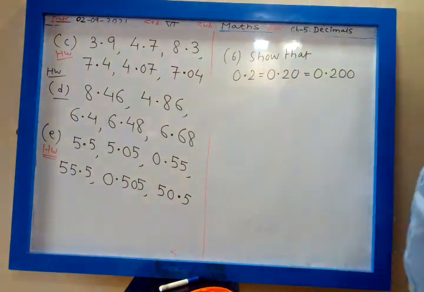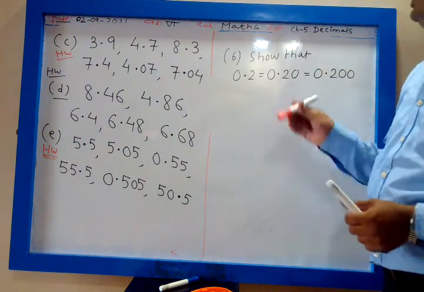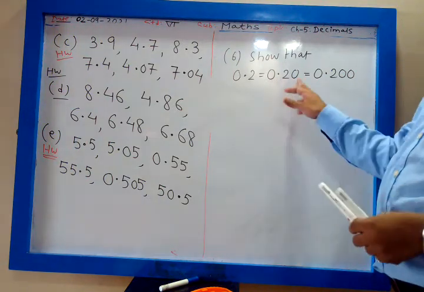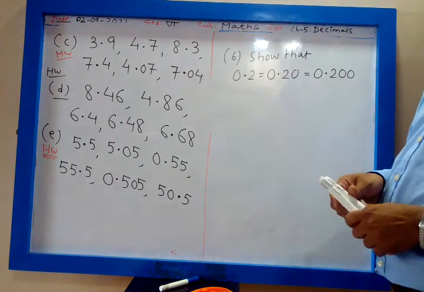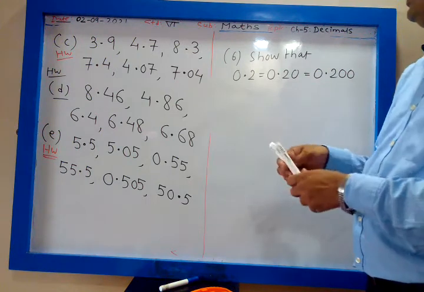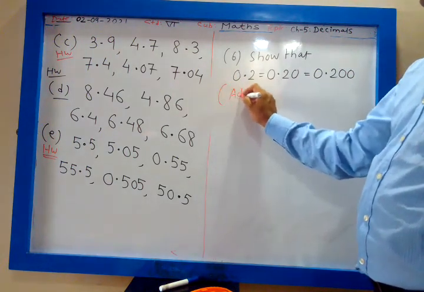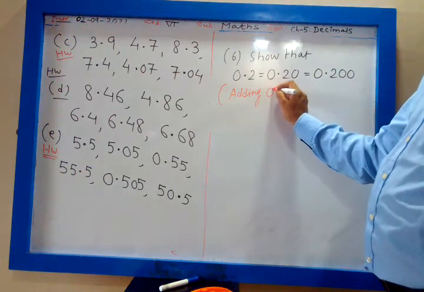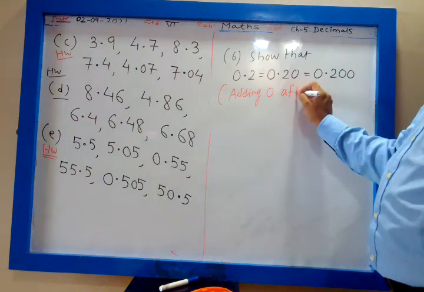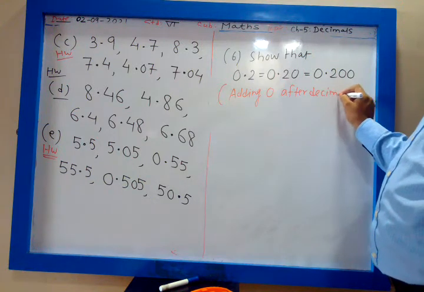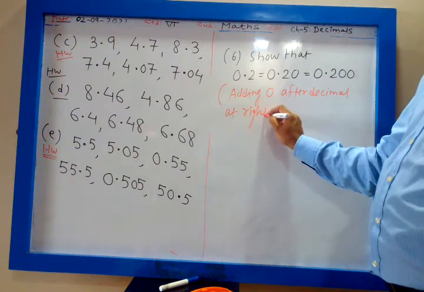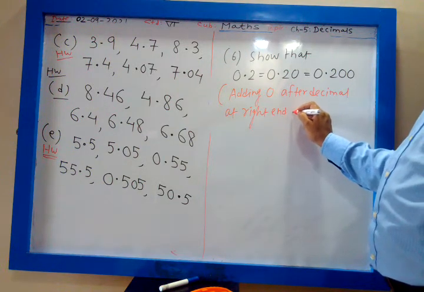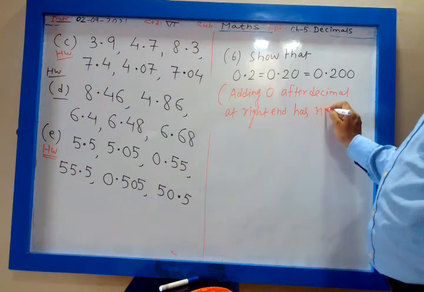Adding 0 after the decimal has no value. What is the conclusion? Adding 0 after the decimal at the right end has no value.